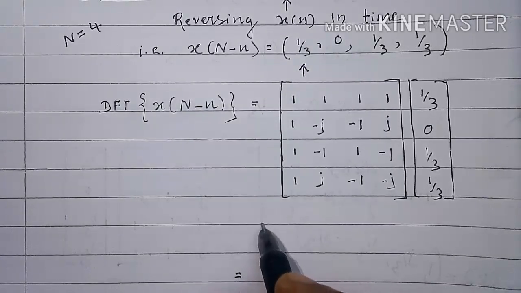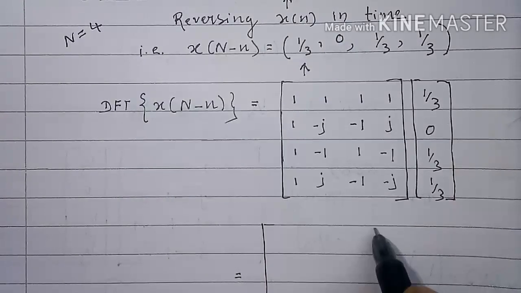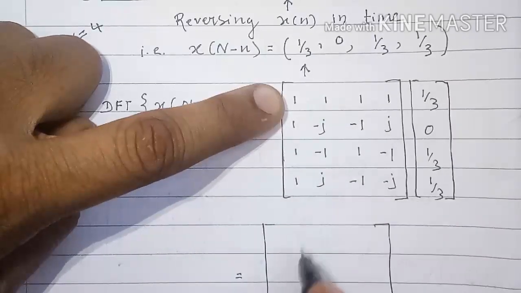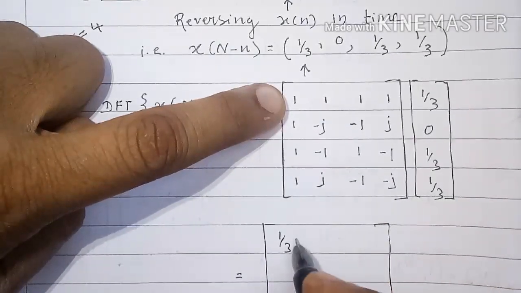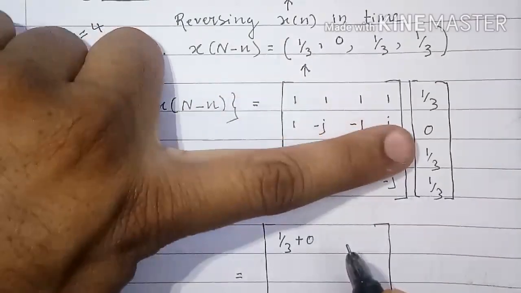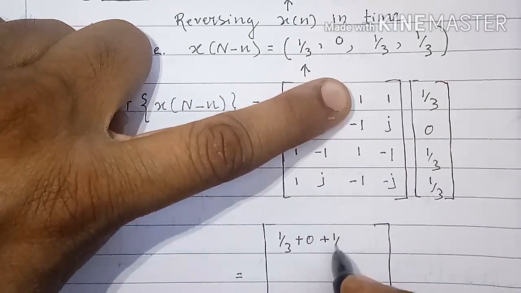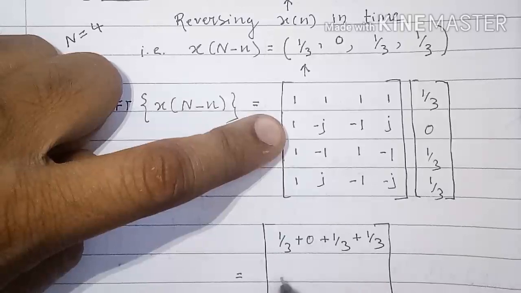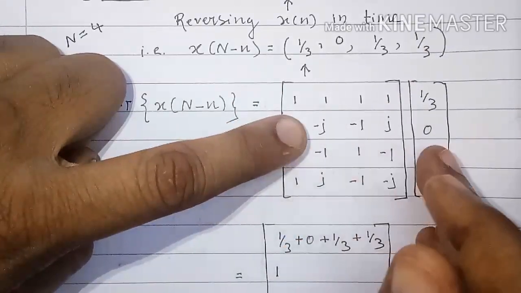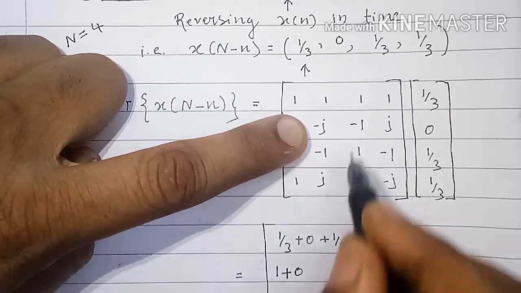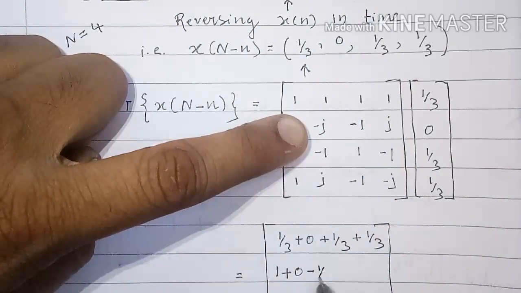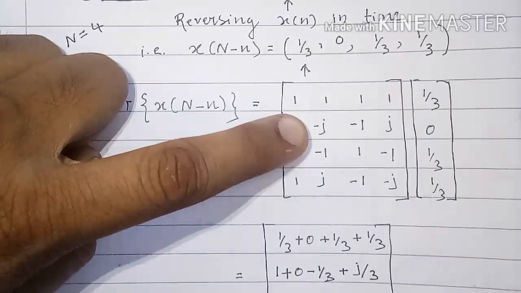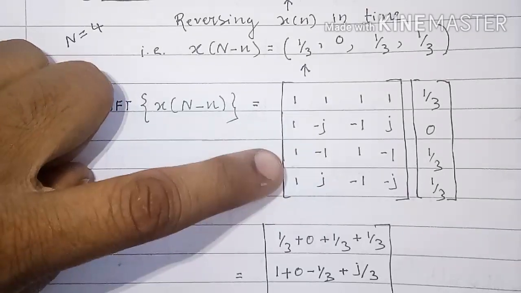Multiplying we get 1 into 1 by 3, 1 by 3 plus 0, because 1 into 0 is 0, plus 1 by 3 plus 1 by 3. Then 1, minus j into 0, 0, minus 1 into 1 by 3, minus 1 by 3, j into 1 by 3, that is j by 3.